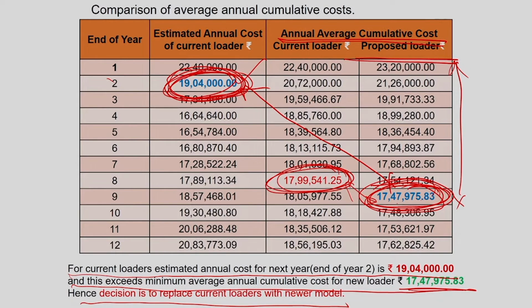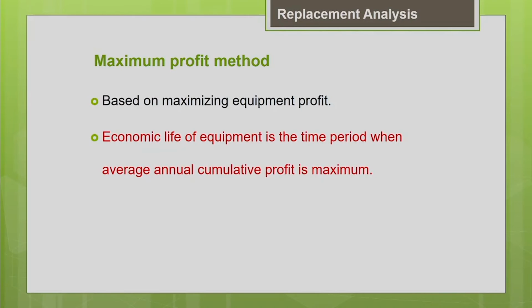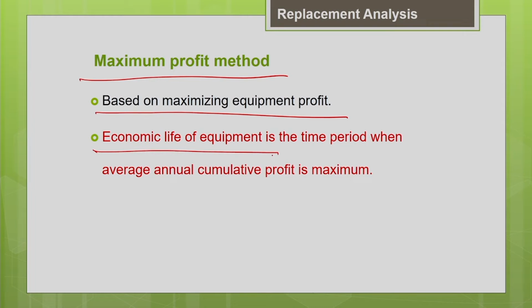Okay. Now, let us look into the next approach given by Dr. Douglas. It is nothing but the maximum profit method. Okay. So, this is based on maximizing the equipment profit. So, here we are optimizing the production with respect to profit. Okay. So, how to define the economic life here? It is the time period when the average annual cumulative profit is maximum. Okay.